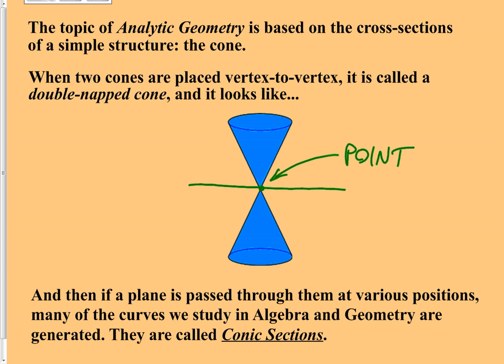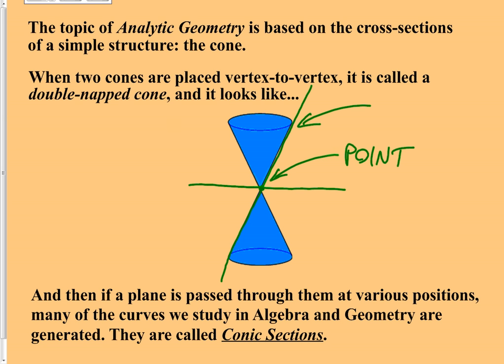There's also another one that's out there. Let's say the plane passes through, kind of like it's trying to get the parabola, but let's say the possibility exists that when it passes through, it just catches the edge of the double napped cone all the way across. So what is this going to generate?